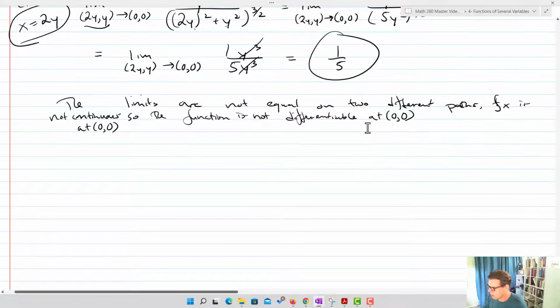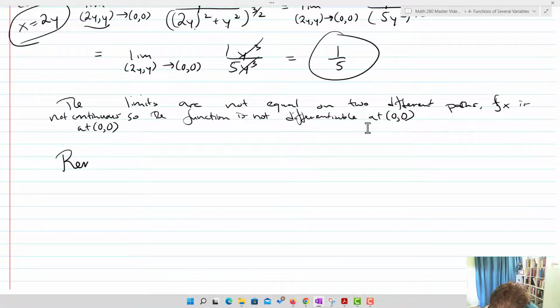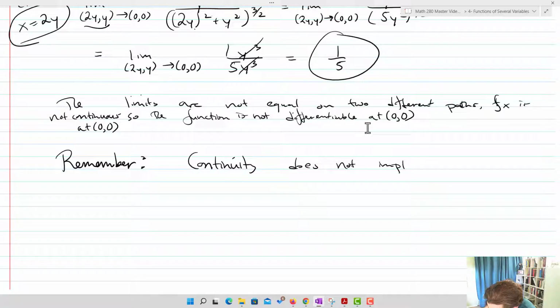Key point to remember: continuity does not imply differentiability. We can have things with corners, for example, so we can have continuous functions that are not differentiable, but differentiability does imply continuity.